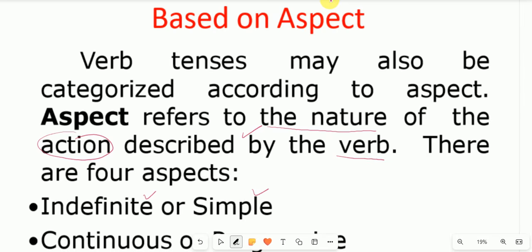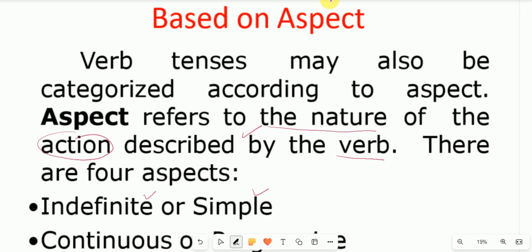For an example, if I can say, I read a book, it's a simple present tense or an indefinite tense, because remember the definition says that it describes action without specifically stating whether the action is completed or ongoing. So if I say I read a book, it's something that I'm doing currently.